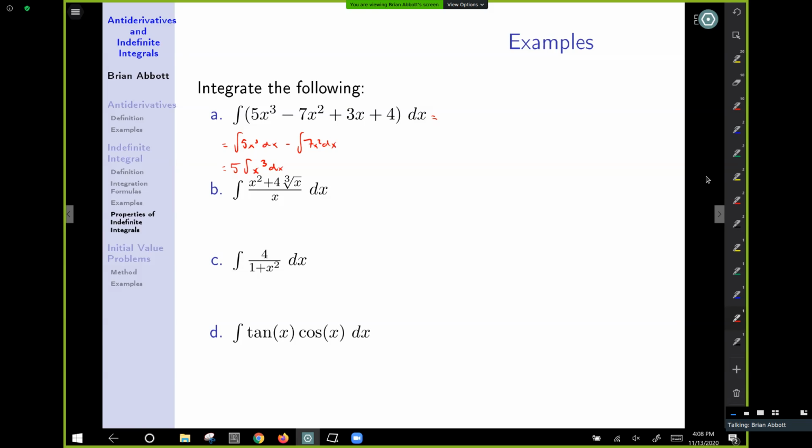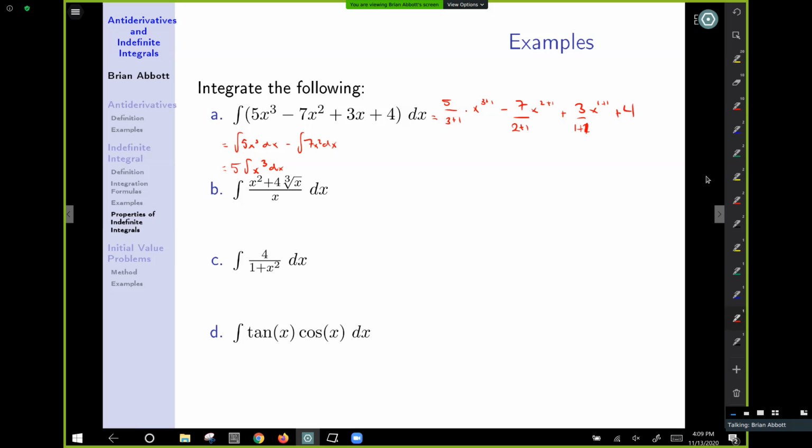So when I do that, I get 5 times 1 over, well, that's going to be the same as 5 over, times x to the, 3 plus 1? So the exponent would be 3 plus 1 that I have to counteract, minus 7 times x to the 2 plus 1, so I've got to divide it by 2 plus 1, plus 3 times x to the 1 plus 1 power, so to counteract that exponent that's going to show up, I've got to divide by 1 plus 1, plus 4.